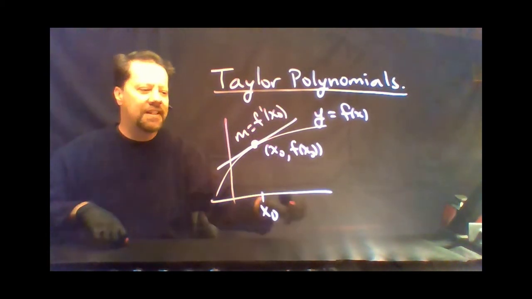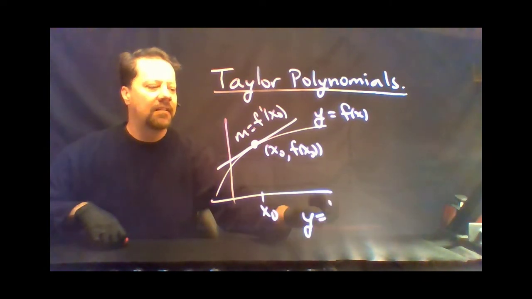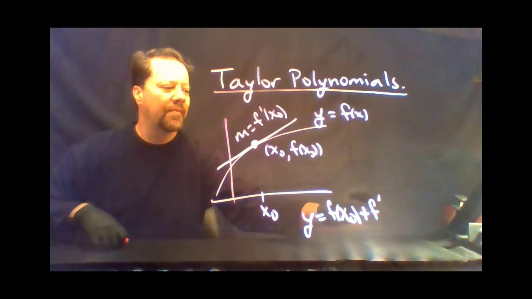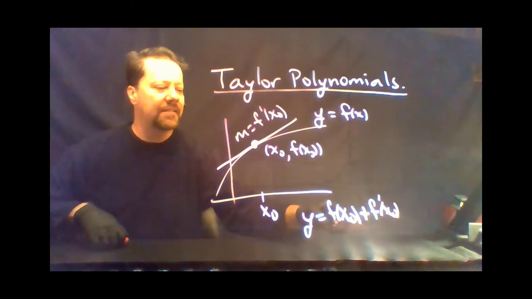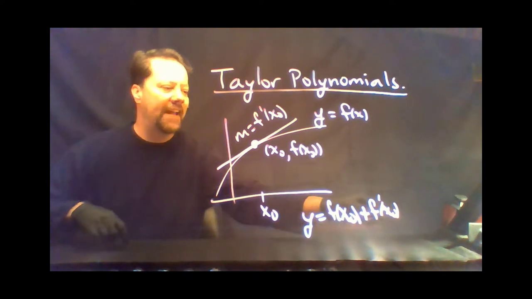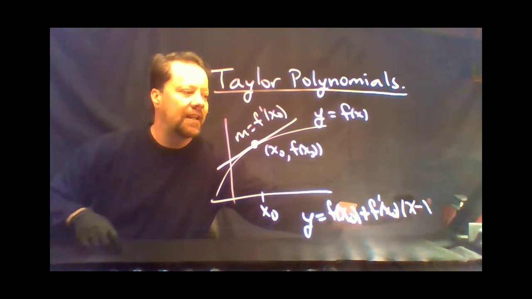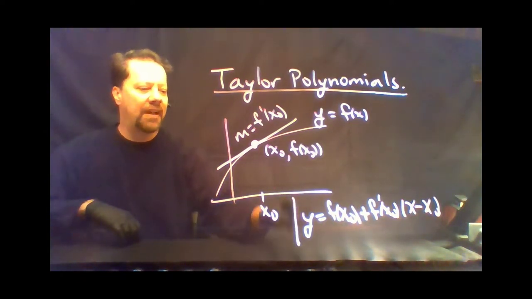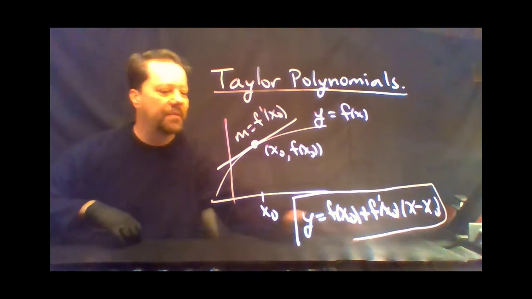The equation of the tangent line, which you can derive easily enough yourself, is g of x equals f of x naught plus f prime of x naught times x minus x naught, derived using the point slope form of the line.